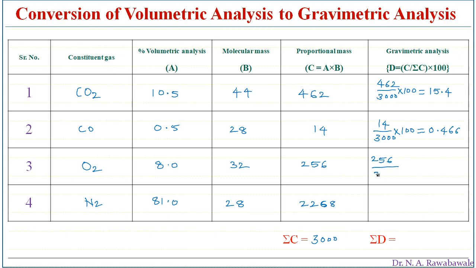So oxygen, 256 divided by 3000 into 100, which works out to be 8.533%, whereas nitrogen, 2268 divided by 3000 into 100, which is equal to 75.6%.